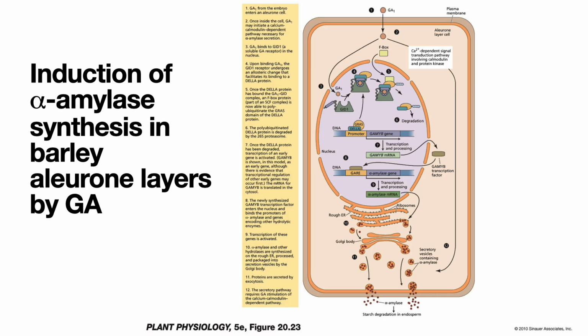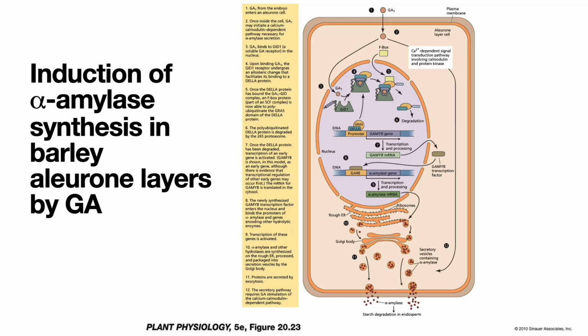GA triggers the production of GA-MIB protein, which then binds to the promoter region of the alpha amylase gene, activating its transcription to produce alpha amylase mRNA. This is a critical pathway in plant seed germination where alpha amylase mobilizes stored food reserves.